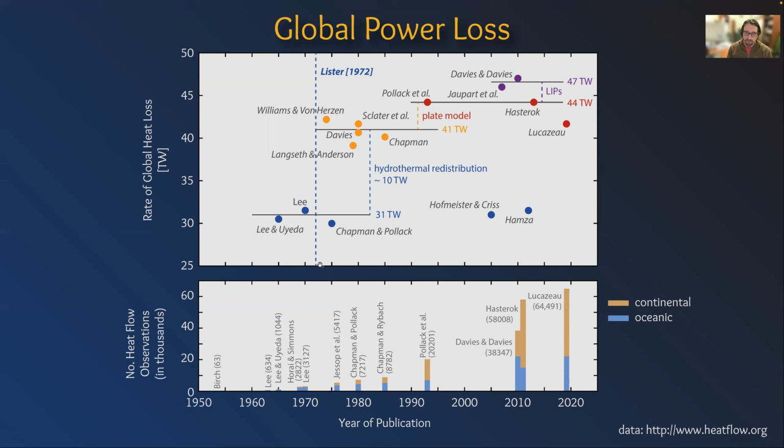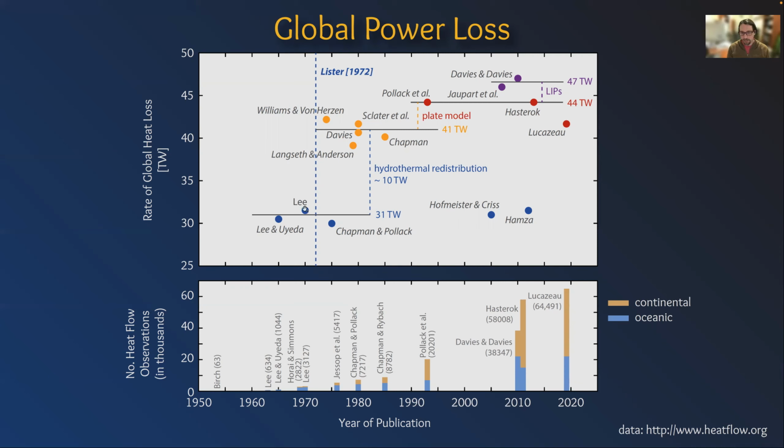At the same time, people have been trying to estimate the heat loss through the total solid Earth, and estimates of heat loss have ranged from 31 terawatts to 47 terawatts in the more contemporary estimates.